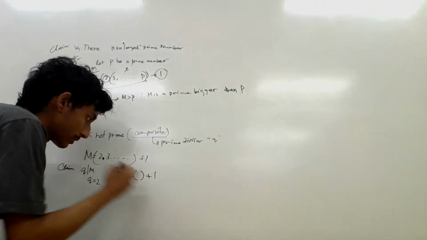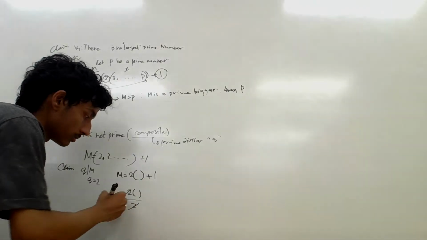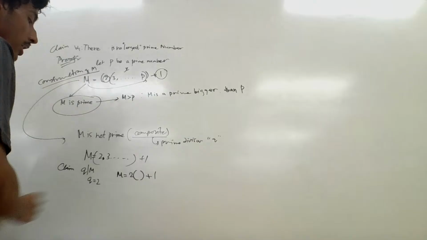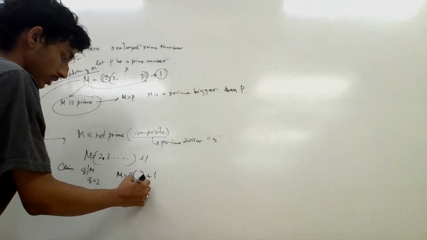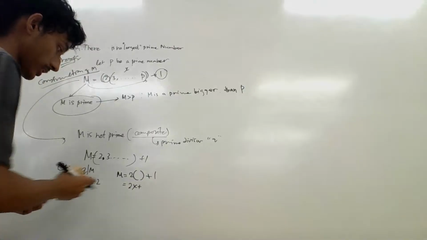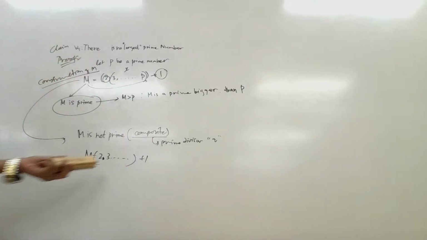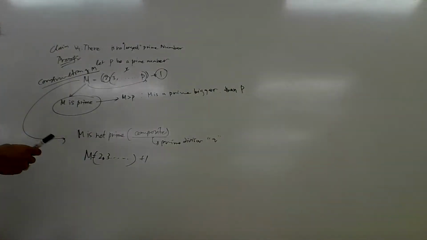If something is divisible by 2, it needs to be of the form 2 times something, and that's it. You cancel out the 2's and you get something. So m is not divisible by 2. So q does not exist if q equals 2.